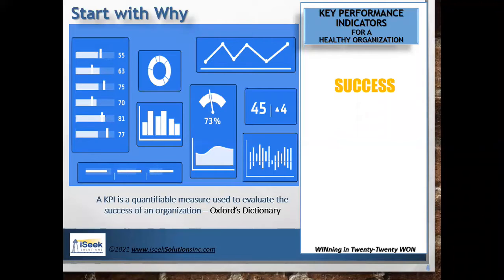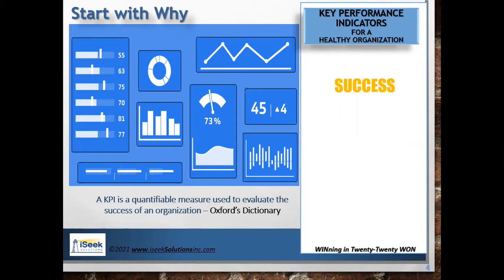So your success should be tied to the goals and objectives of your organization. In turn, your KPIs, those indicators, should be aligned with what success looks like for your organization.